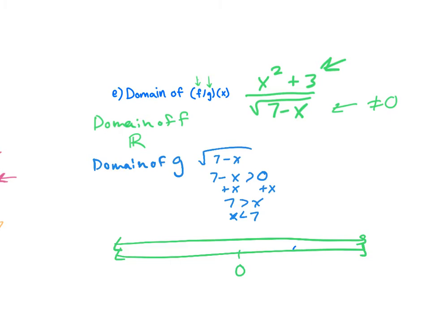So x has to be some number less than or equal to 7 on our number line. It's less than or equal to, because if it's equal to 7, then we would get 0, and we can take the square root of 0.